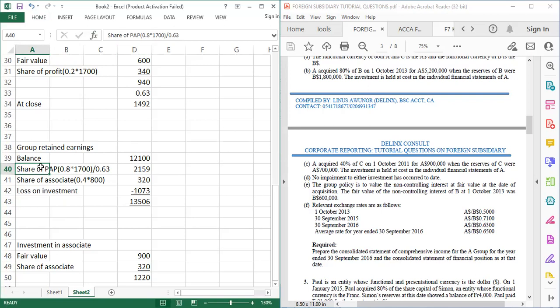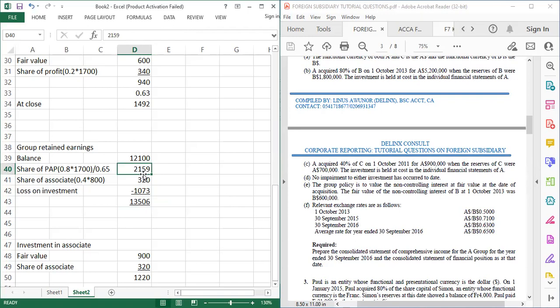Let's translate this at an average rate, because profit or loss items are translated at an average rate. So if you want to do the complex one, we translate this at an average rate. All right, so let's translate that at an average rate and see. 0.08 times 1,700 divided by 0.65.